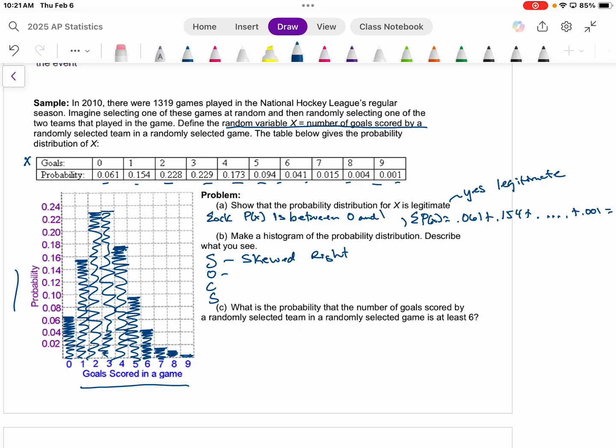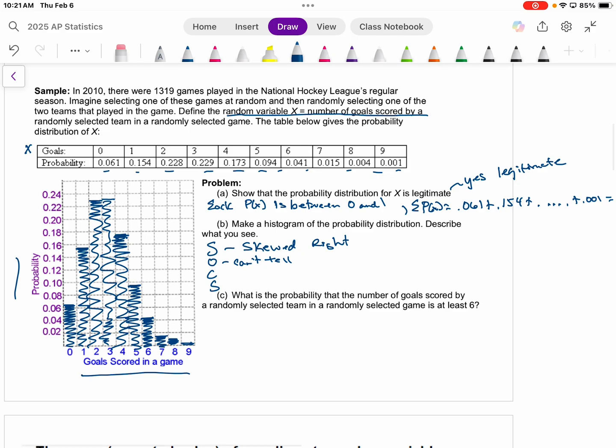Technically, we don't have any information to determine if 9 goals is an outlier or not. We don't have all the individual data. So this one we can't tell. It would be okay to leave it off as a descriptor, but you can also say, hey, can't determine if there's an outlier because we're not given individual data values in our table up above.